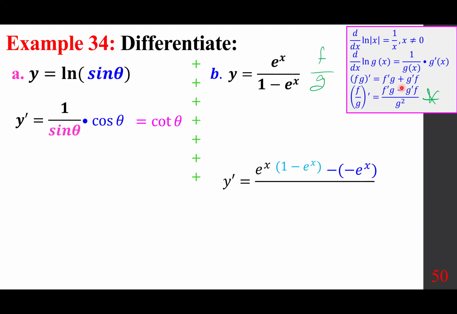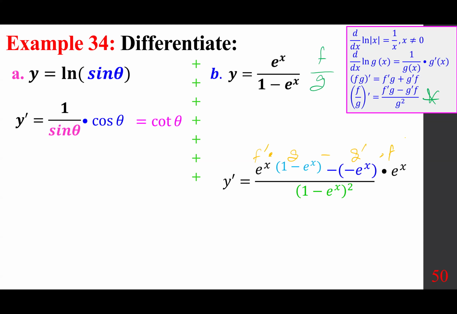So this negative sign is here, and this one is g prime times f, which is e to the power of x. And you just write the denominator in a parentheses and square it. What we are looking at here, everybody, is as follows. f prime g minus g prime f.